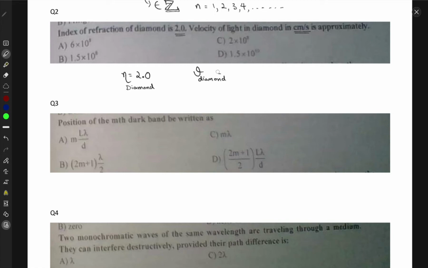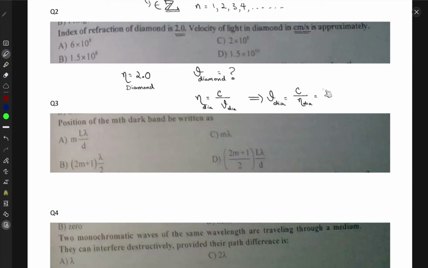So we know that an expression for refractive index is the ratio of speed of light to the velocity of light in whatever medium we are talking about. So here the medium is diamond and the refractive index is for diamond. So rearrange this expression for velocity for diamond, and this becomes speed of light divided by the refractive index for diamond.